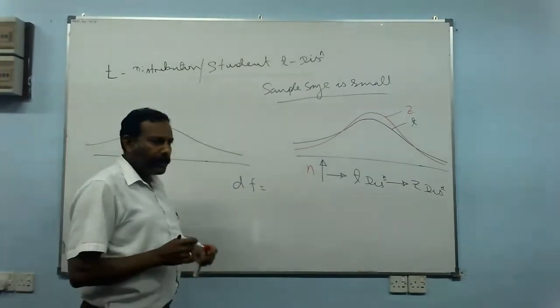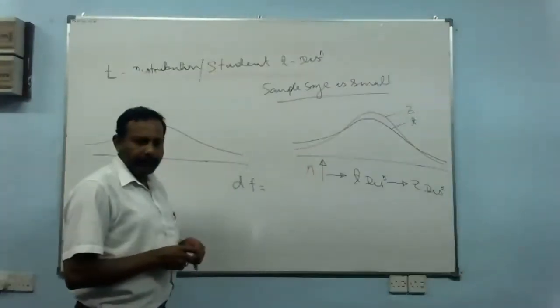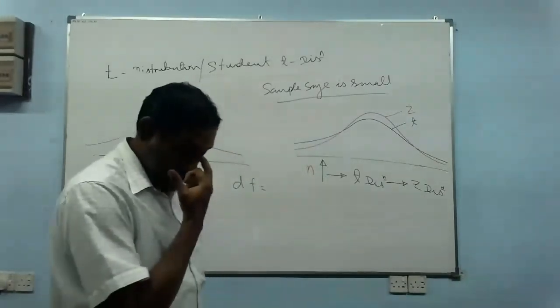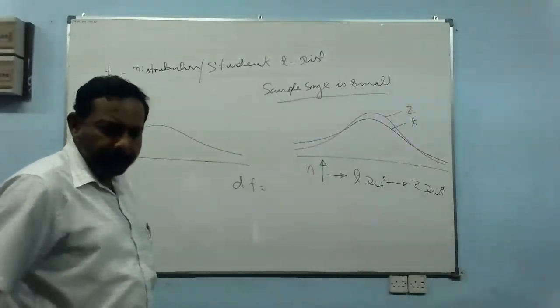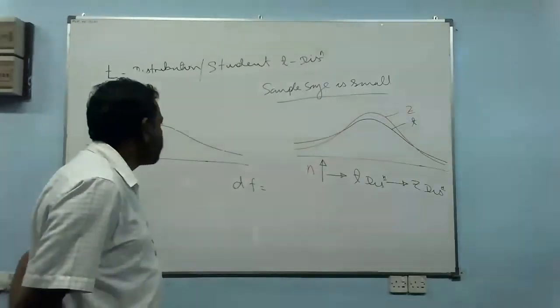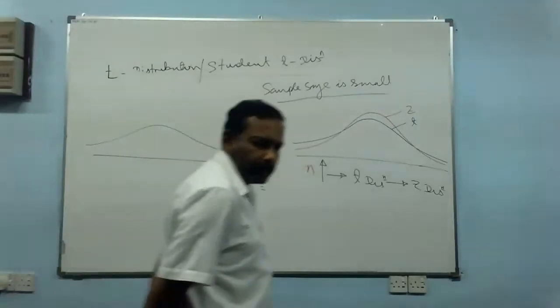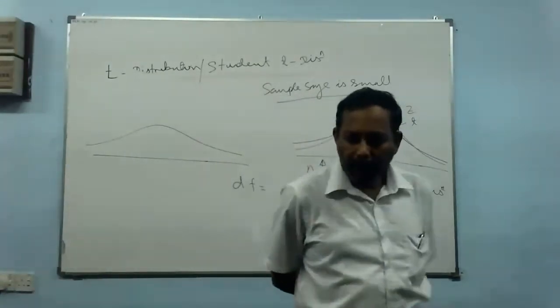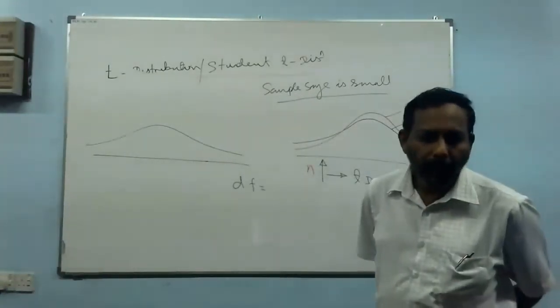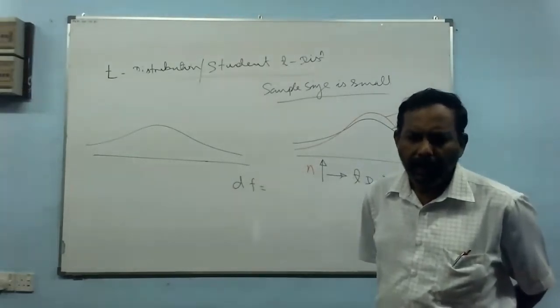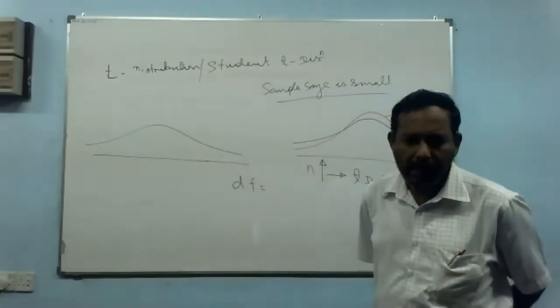I explained it in the first or second lecture. What is DF? Anyone?